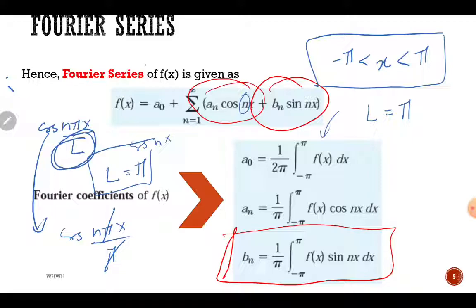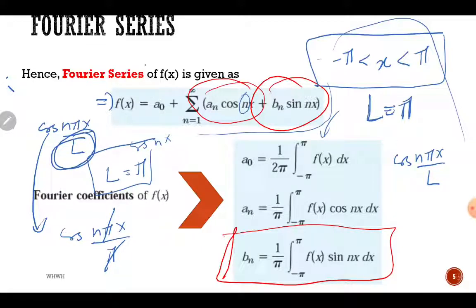So meaning to say, the general formula is what I just showed, cos n pi x over L. For our case, this is the formula where L is equal to pi. When L equals pi, the formula becomes like this. It simplifies to cos nx plus bn sin nx. And L is replaced with pi, negative pi, 1 over 2L becomes 2 pi, 1 over L becomes pi. Can you understand?